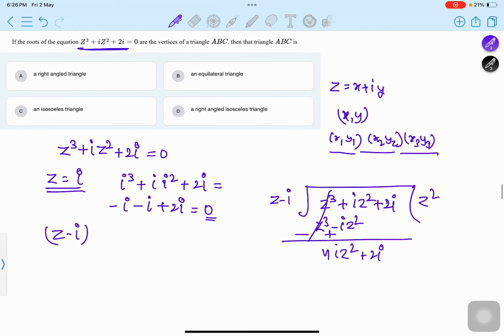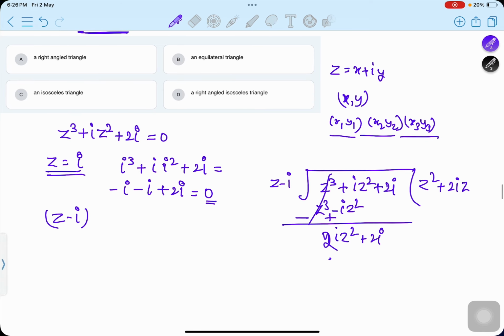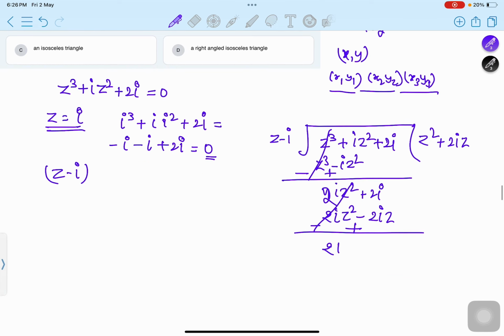Okay, so how many times does it cancel out, sorry, 2 times only, so use the 2 iota z times right now, so the 2 iota z square. Plus minus, sorry, multiply that, so that's 2 iota z, subtract that, so minus plus cancel out, so 2 iota z minus, sorry, plus 2 iota.